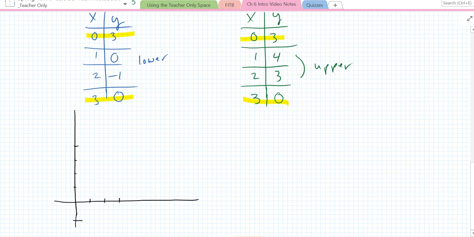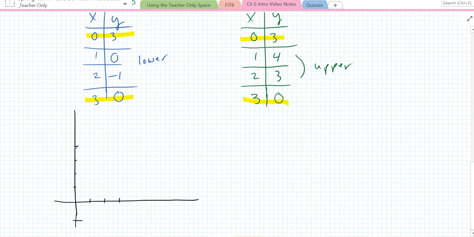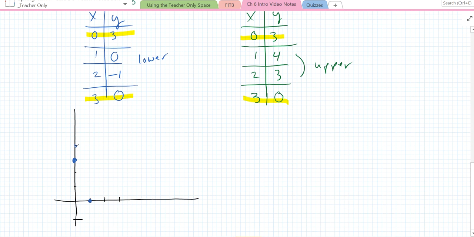So for f of x, I start at 0, 3, and then, hang on, it's wigging out on me. 0, 1, 2, 3 for f of x, and then 1, 0, and then 2, -1, and then 3, 0.